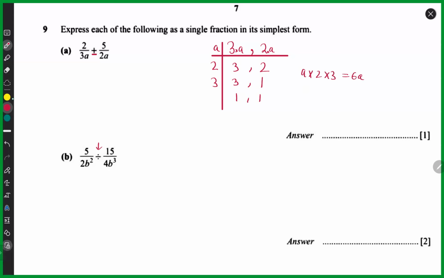I'm pretty sure that you guys were not able to understand this. Let me explain this again. This time around, we have a plus sign, and I'm pretty sure by now you would know that you cannot directly add the numerators, and you cannot directly add the denominators, because the two denominators are different and you have a plus sign between them. So what do we do? We need to take the LCM.